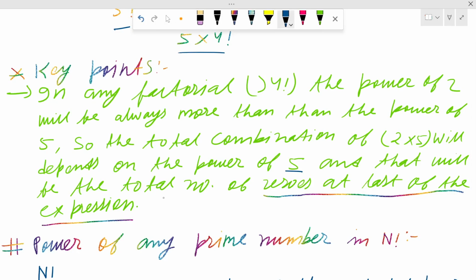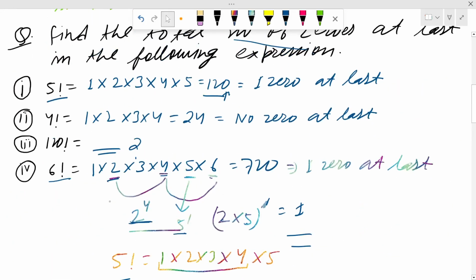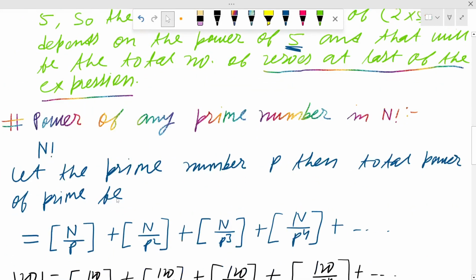There is no need to find the power of 2 in any expression. Directly, when any factorial is given, find the power of 5, whatever it is. If the number is large, like 120 factorial, how do we find the power? Look at how to find it.